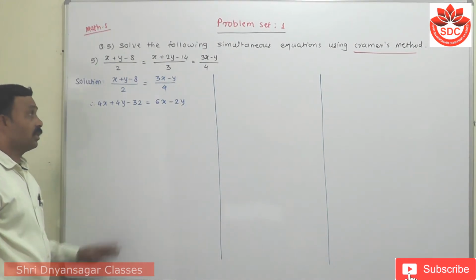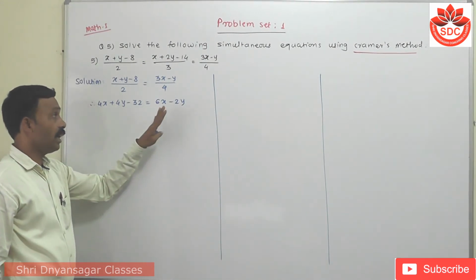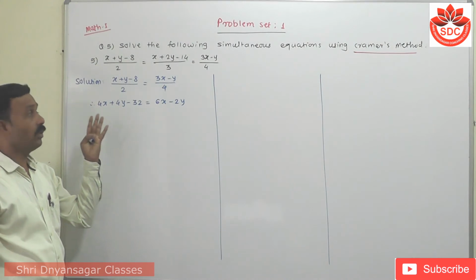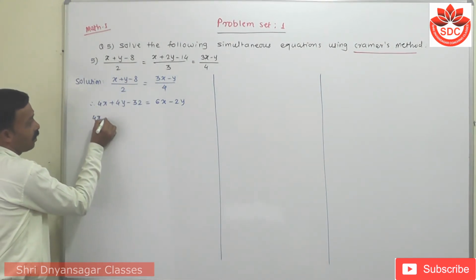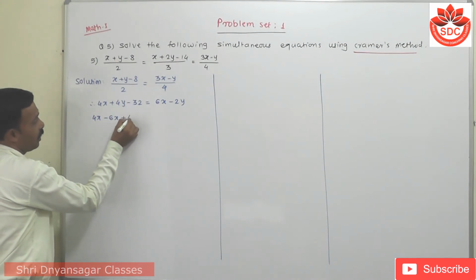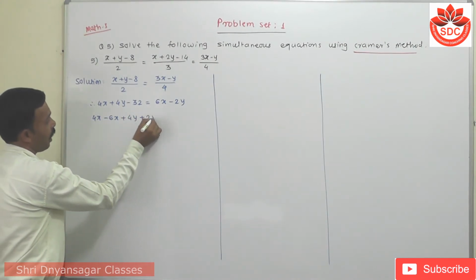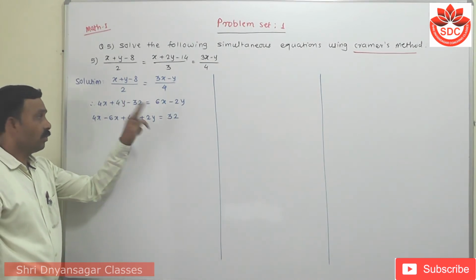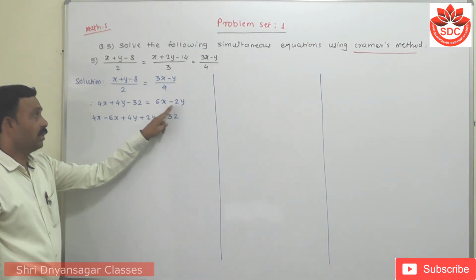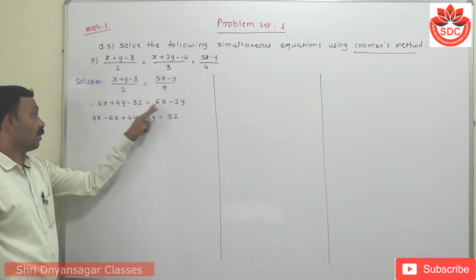Then transpose the numbers to one side and variables to one side, because we have to write into standard form. So 4x minus 6x plus 4y plus 2y is equal to 32. Can you understand this? This 32 plus here is this 2. This converts to minus.